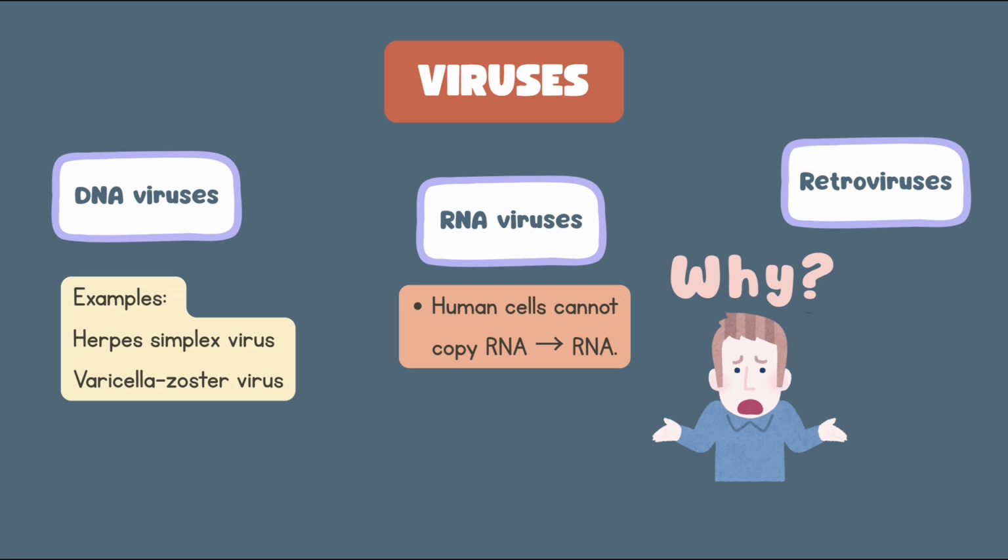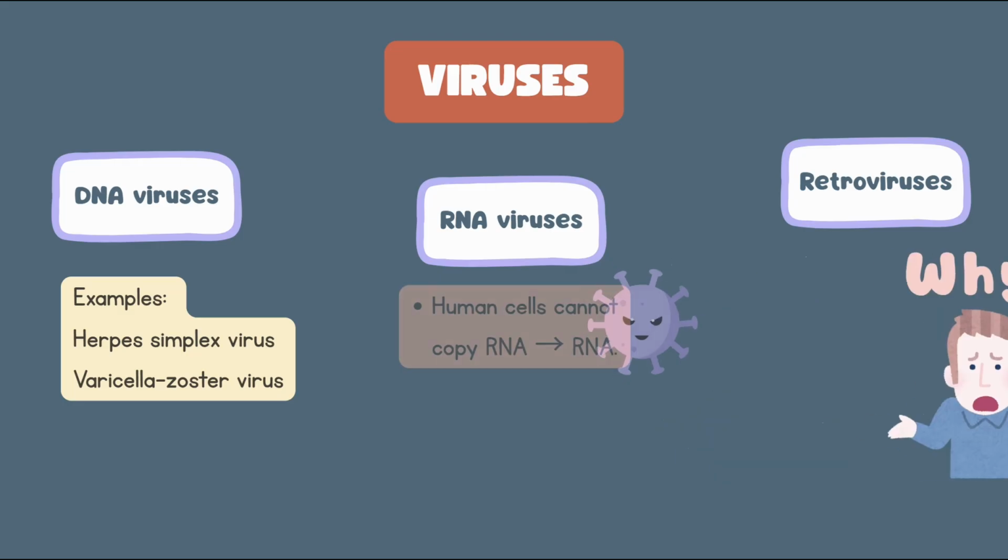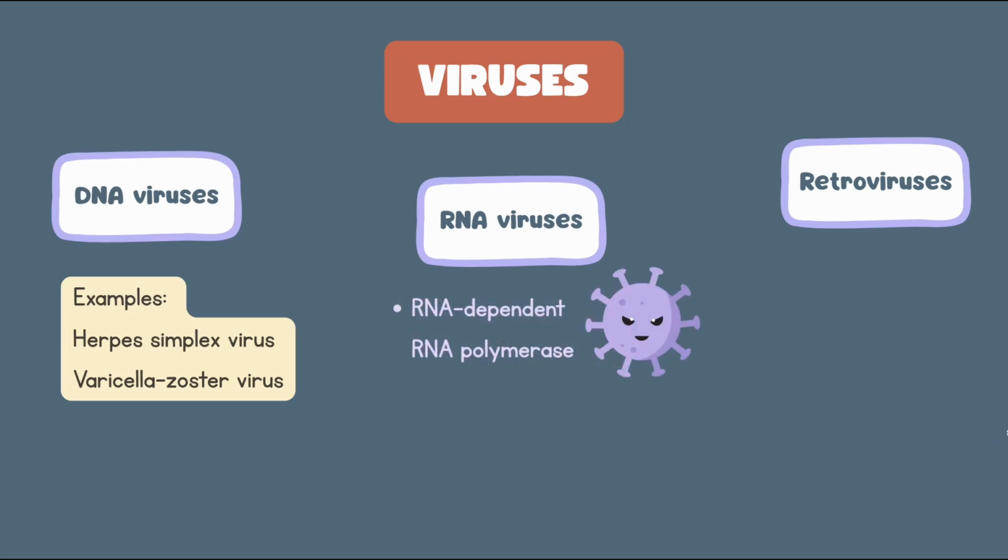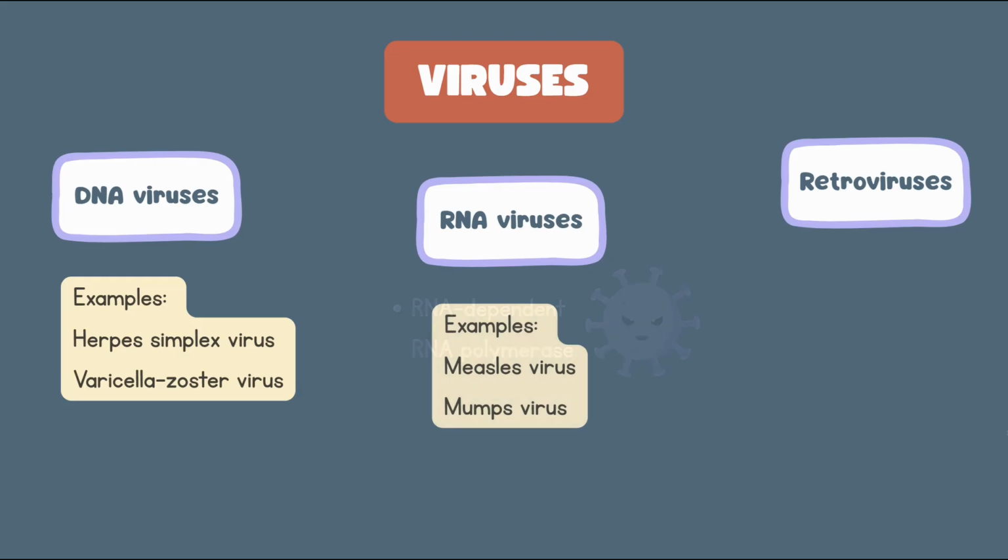However, they cannot go from RNA to mRNA replication. We can't do that. So the RNA virus must bring its own enzyme called RNA-dependent RNA polymerase. And this enzyme allows them to convert RNA into mRNA, which is then translated into viral proteins. Examples of RNA viruses are measles and mumps.